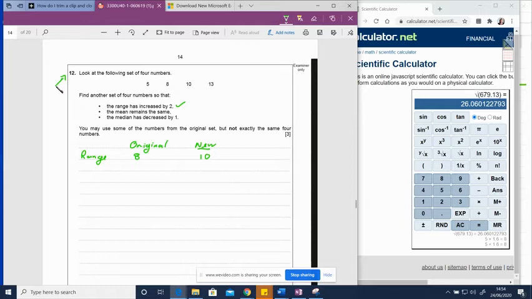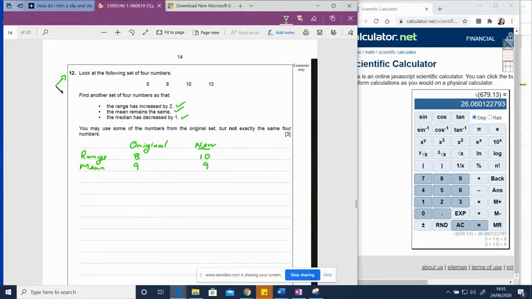The second clue tells us that the mean remains the same between the two sets. So firstly, I work out the mean of the old set, which is where you add up the four numbers and divide by 4. So 5 and 8 is 13, add 10 is 23, add 13 is 36, divide that by 4 and it's 9. So the old mean is 9, so that means the new mean is 9.